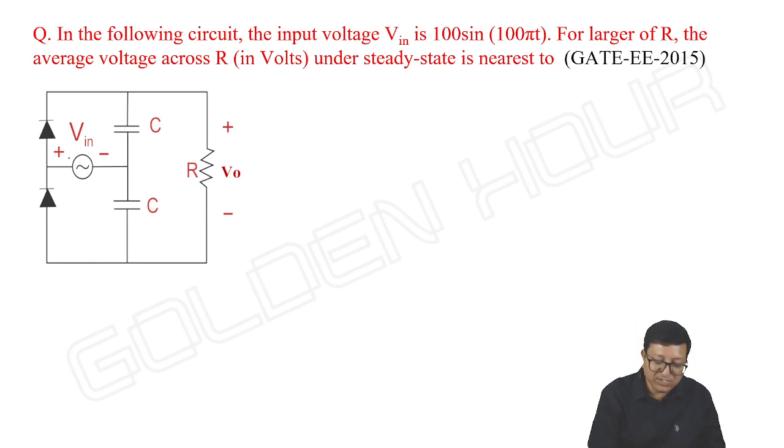See, in the first positive quarter cycle, the current will flow like this. It will charge up to Vm. What is that Vm? 100 volts.